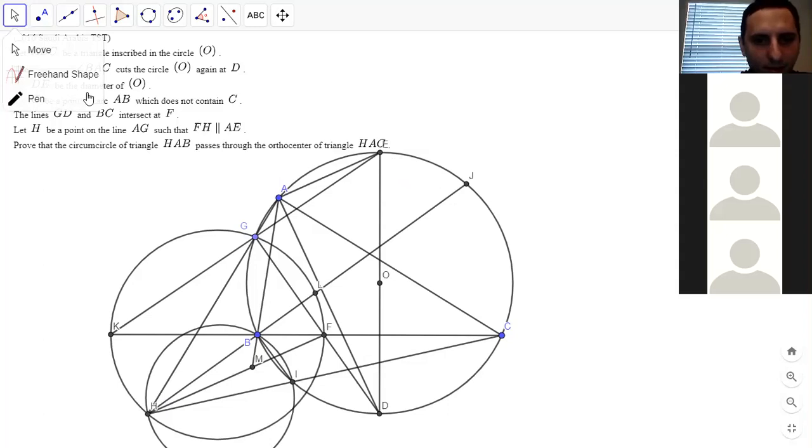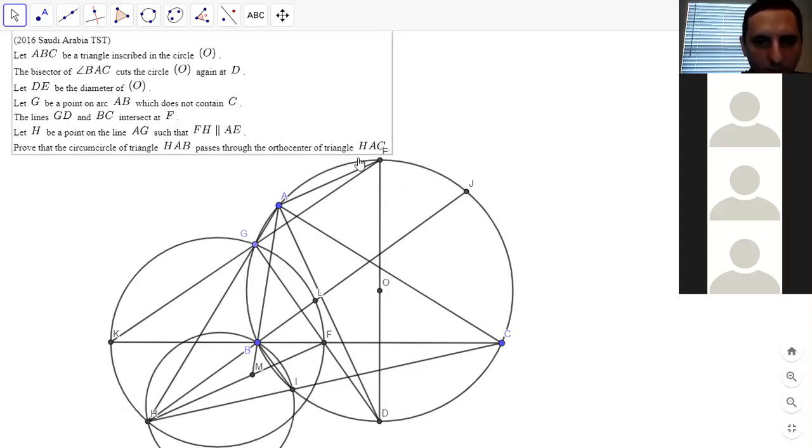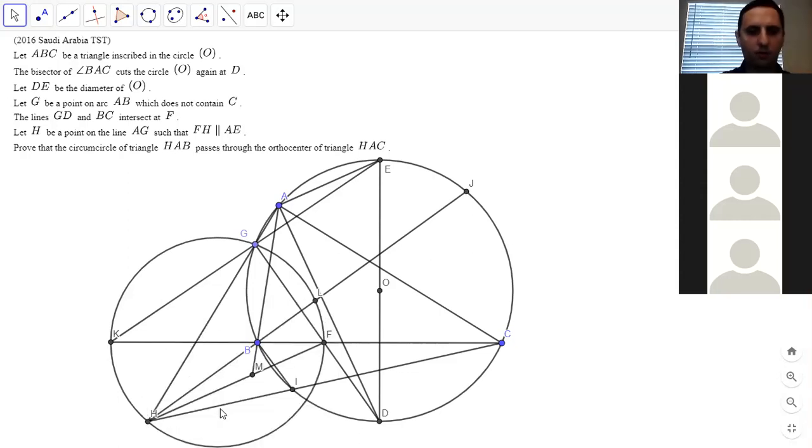Yeah, but I think we need to prove that IM is the angle bisector first, because the point M can just lie on the circle passing through B, H and the center, and that equality is still right even though M could be another point other than the center.